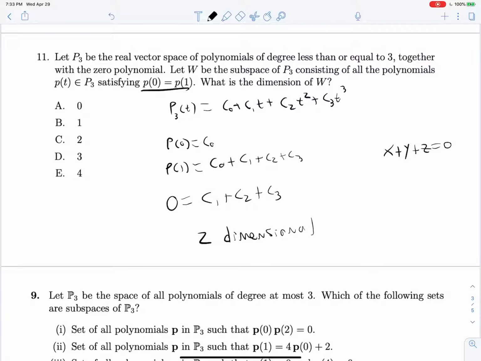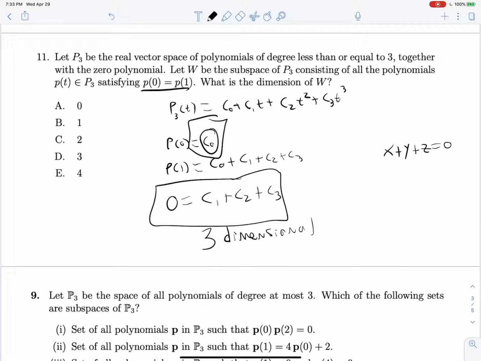So in the end, we can vary C0 all we want, and then we can vary any two of these guys safely, as long as the third one picks up the slack to make sure that everything's still equal to 0. And as a result, we get 2 dimensions from this, 1 dimension from that, and we're left with 3.